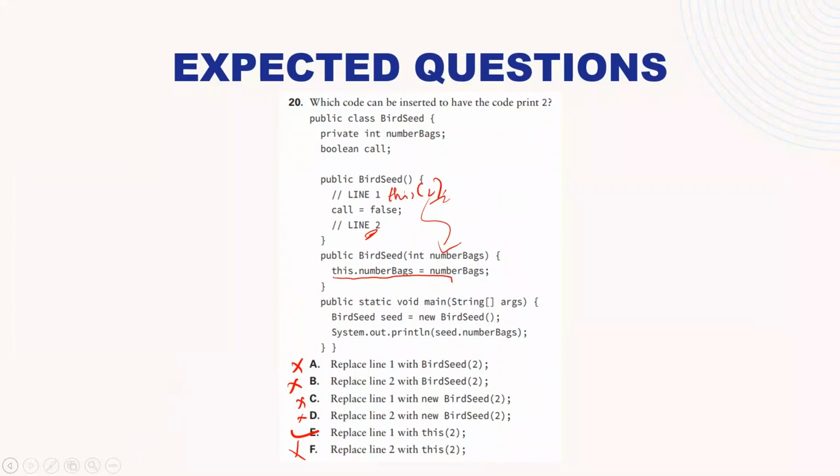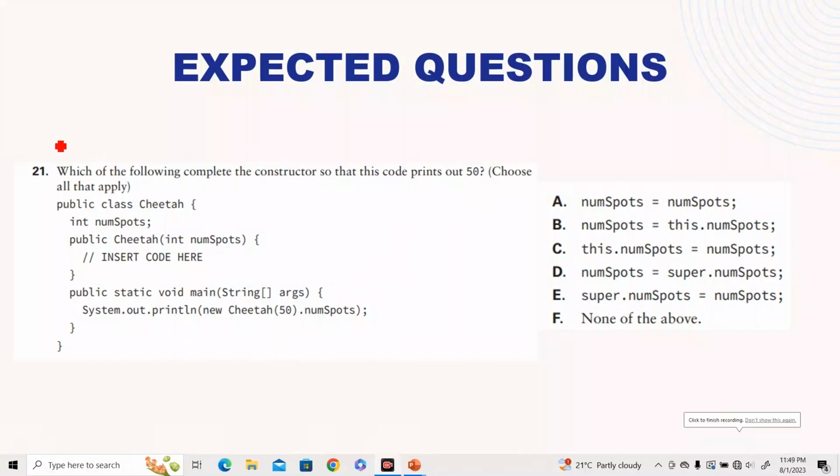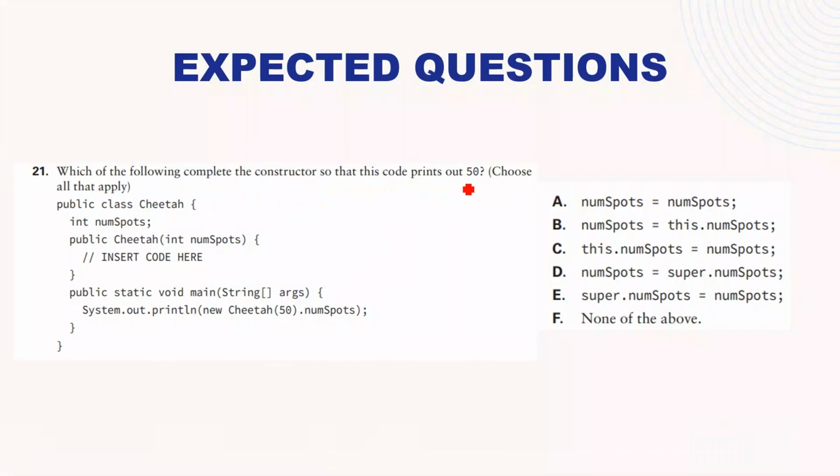Alright, let's move on to the next question, question number 21. Which of the following complete the constructor so that this code prints out 50? Okay, so it says public class Cheetah, then there is this instance variable int numSpots, and then there is this constructor, and then there is this main method, and this is it.